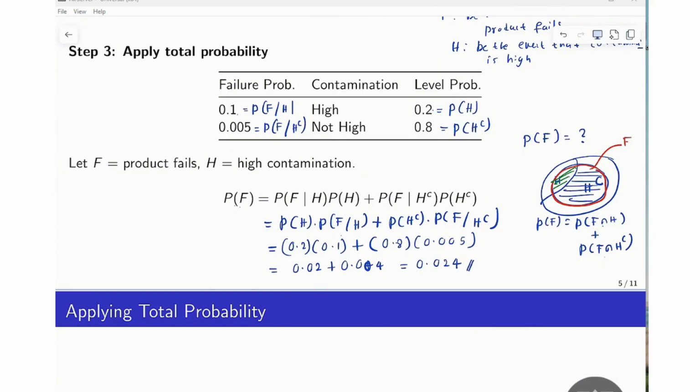So let me check this again. You can check it from the calculator. Yeah, check it. It's 8 times 5 is 40, so we have to keep the 4 decimals. Yeah, this is correct. So then this is the total probability for the product failure.